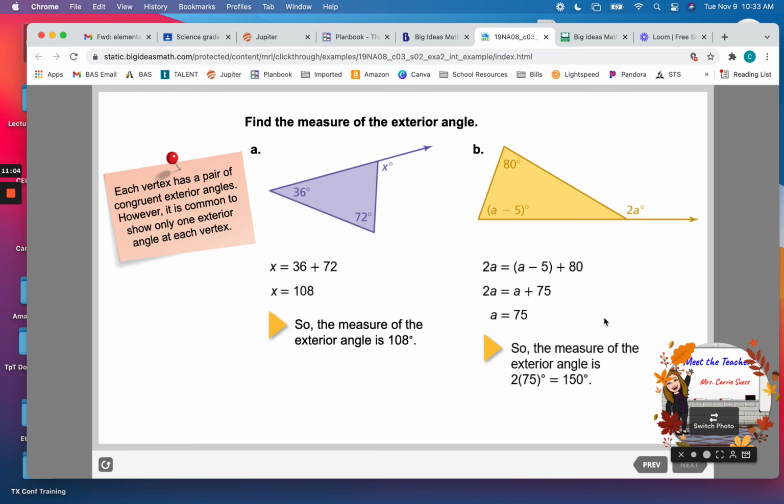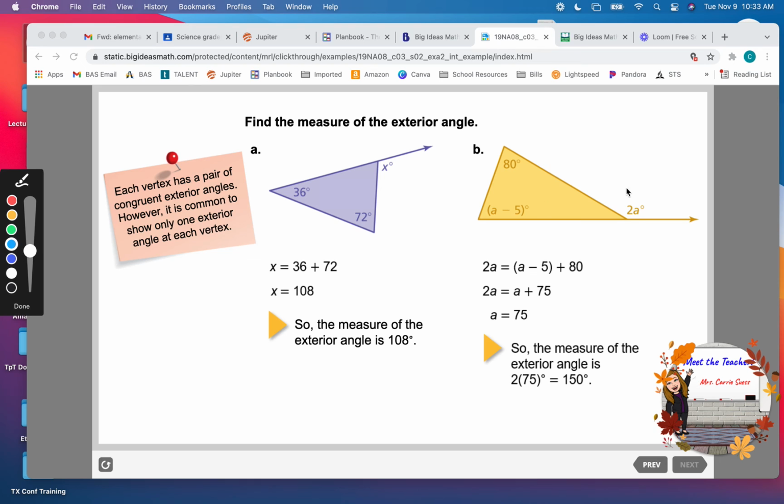Any questions? Yes. So, if angle A was the 80-degree angle, and angle B was the A minus 5 angle, and that's the outside angle, which is C, would B be 70 degrees?